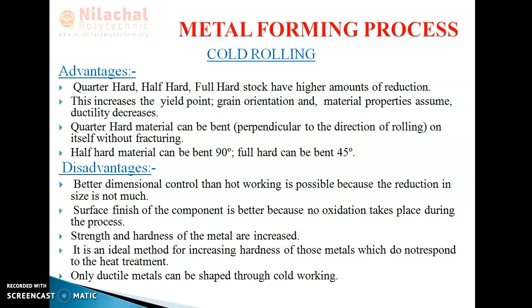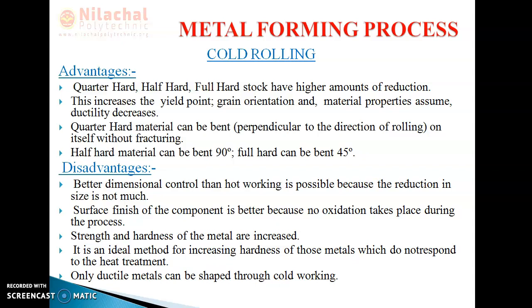Better dimensional control than hot working is possible because the reduction in size is not much. So these are the advantages. Surface finish of the component is better because no oxidation takes place during the process. Number 3, strength and hardness of the metal increase. It is the ideal way of increasing hardness of those metals which do not respond to heat treatment.